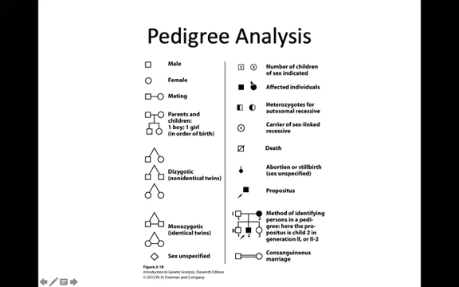All right. Affected individuals are shown with filled-in colors. If you know that an individual is homozygous for a recessive, you can show a half filled-in circle or square. If there's a carrier of a sex-linked recessive, you can show it with a dot, and then this indicates death has occurred.